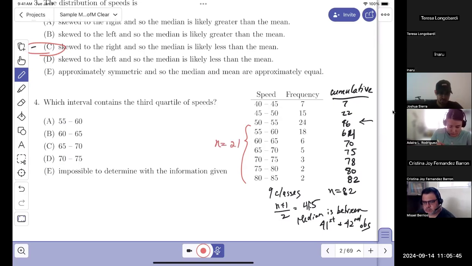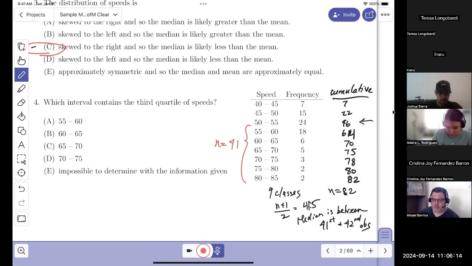The 21 observations in, no, that's not right. Sorry. There's 41 observations in the second half.